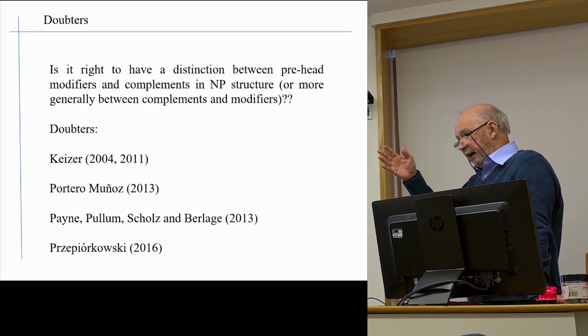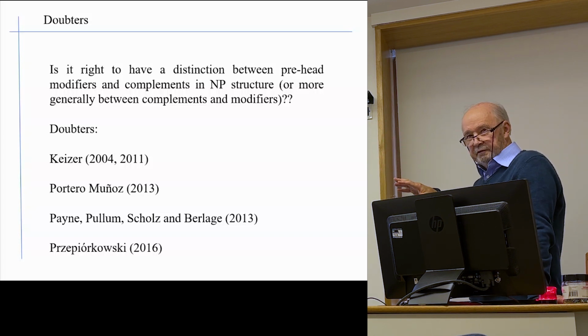And you would have different types of dependent. There would be subject for sure, there might be object, and there might be various kinds of semantic dependent. But you wouldn't have a distinction between oblique, which is the complement category in LFG, and adjunct, which is the modifier category.